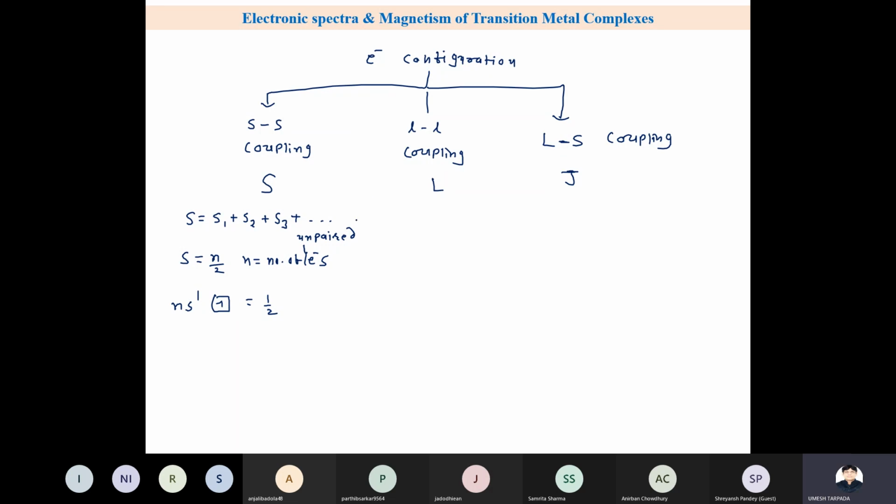Now LL coupling. Each L is calculated by multiplying the value of L in each sublevel with the number of electrons present in it, and this becomes the total L. You can have the possible ML values, L1 is nothing but ML1 plus ML2, where ML is the magnetic quantum number.